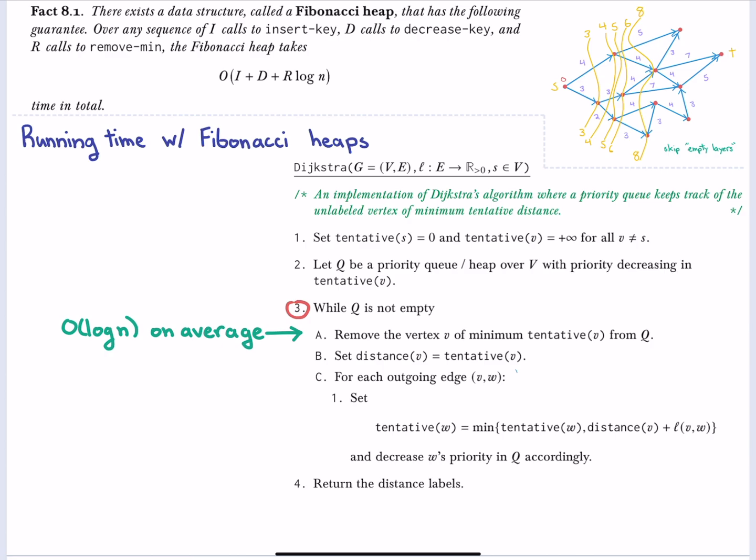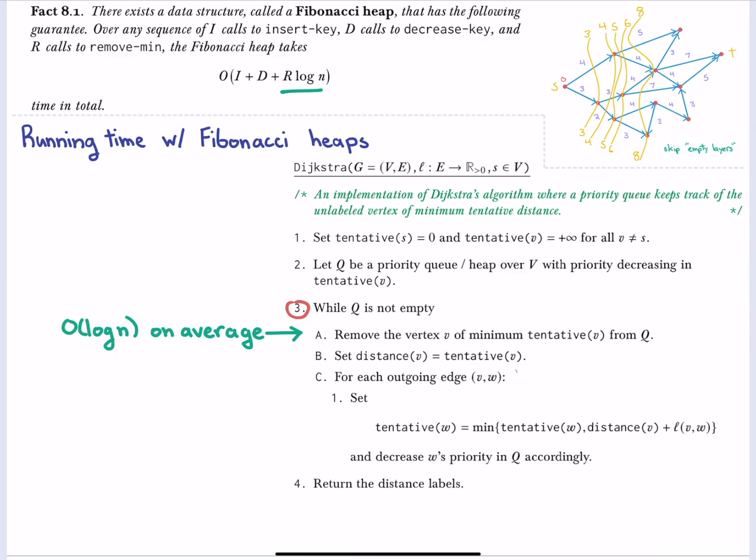Now when I remove the minimum tentative vertex, this says it's going to take log n time on average, right? If I did 100 remove mins, it's going to add 100 log n to my running time.